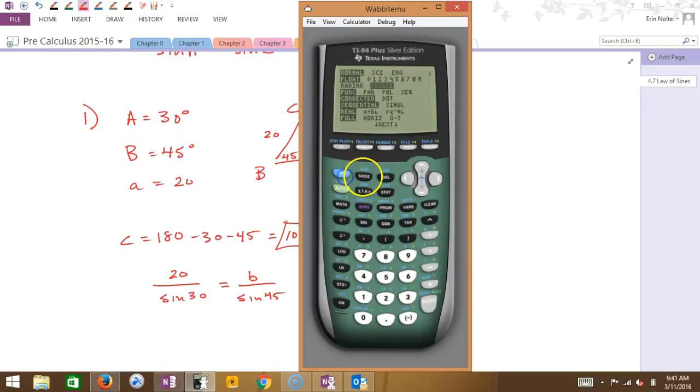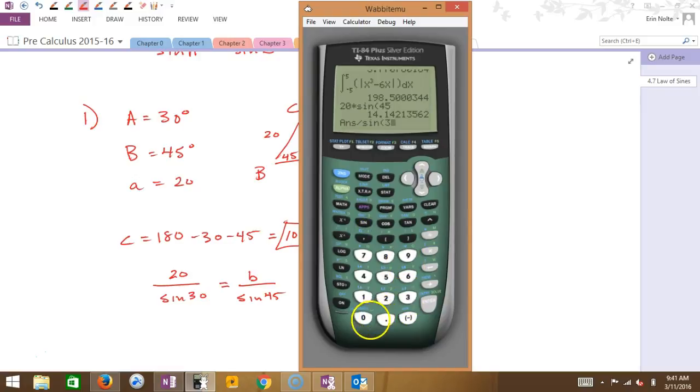Okay, so what am I going to type in to solve this particular equation? So I'm going to do 20 times the sine of 45, and I'm going to hit enter, and then I'm going to divide by the sine of 30.